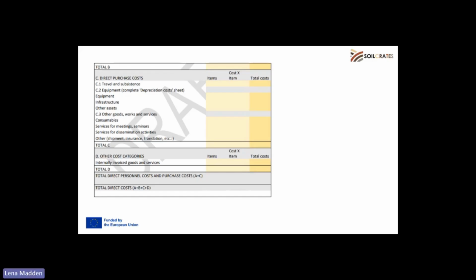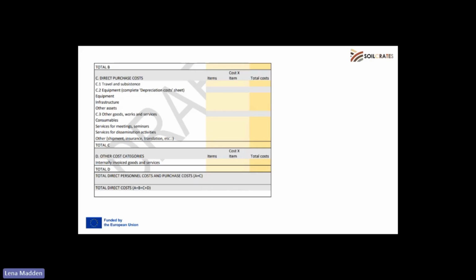Shipment, insurance, translation does not apply to us, but it would apply to other countries. And then services for dissemination activities, services for meetings and seminars, but that is included already in the pay cost. Again, I need to clarify it with them.